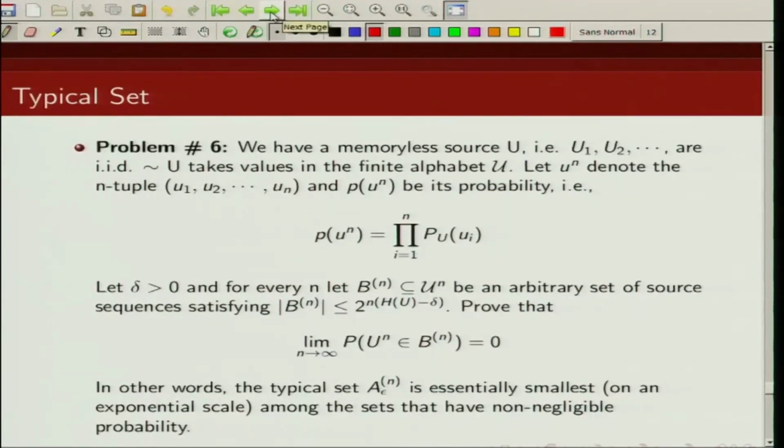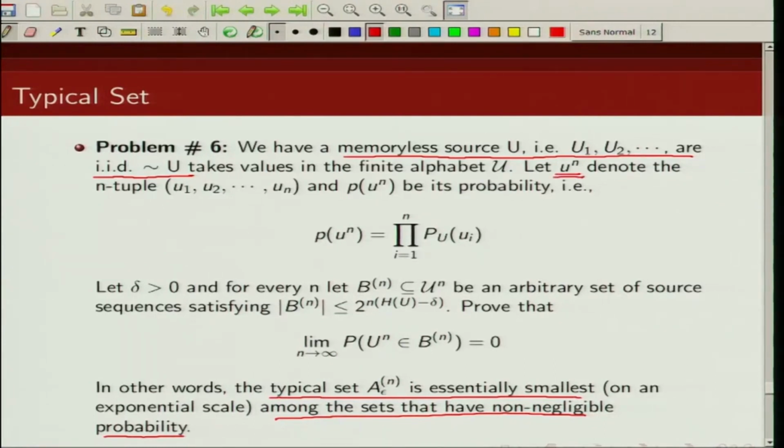Okay. Finally, we are going to show you that a typical set is essentially the smallest among all the sets that have non-negligible probability. So let us consider a memoryless source U, which is emitting these random variables u_i, and these are IID distributed.